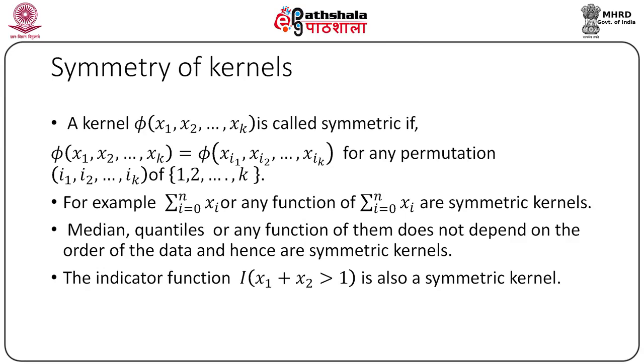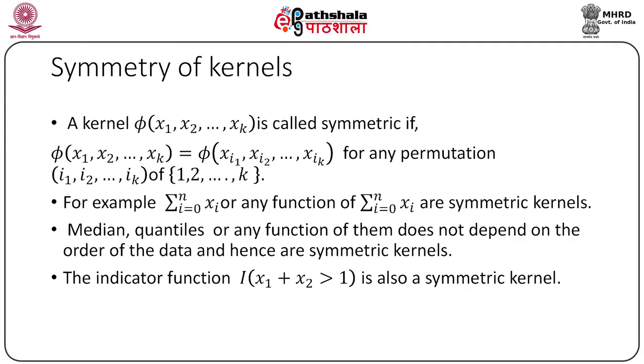Phi with arguments x1, x2, up to xk is called symmetric if phi of x1, x2, xk is the same as phi of xi1, xi2, xik, where i1, i2, ik is a permutation of 1, 2 up to k. Therefore, if phi is invariant to any permutation of its arguments, then phi is known as symmetric.